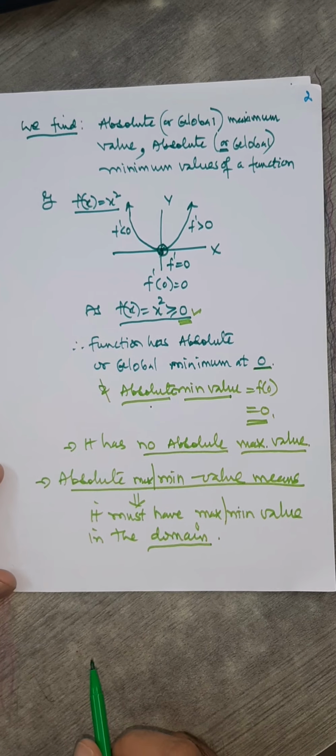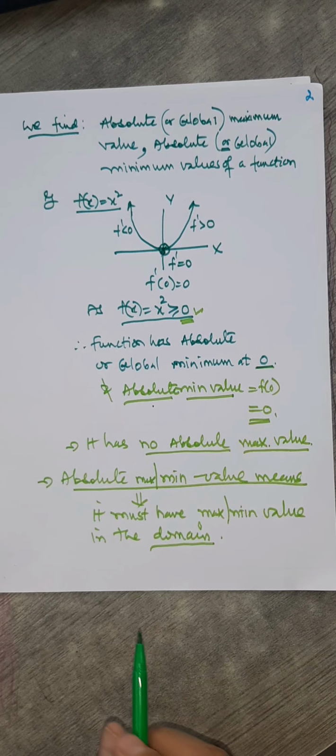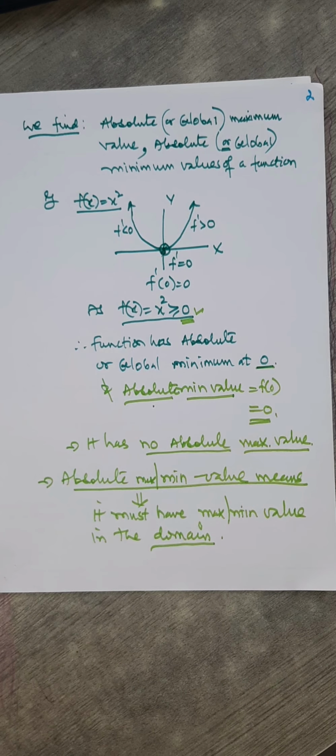Fine, that's what we understand by absolute. And when we use the word absolute or global, that means in the entire domain it must have the maximum or minimum value of a function. Clear?